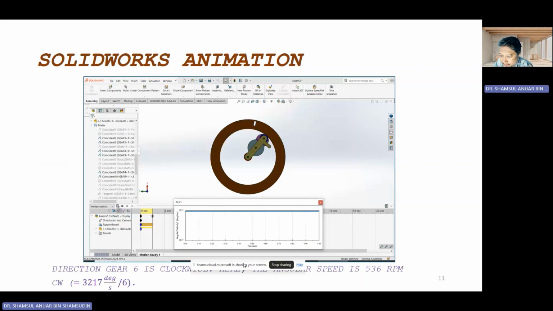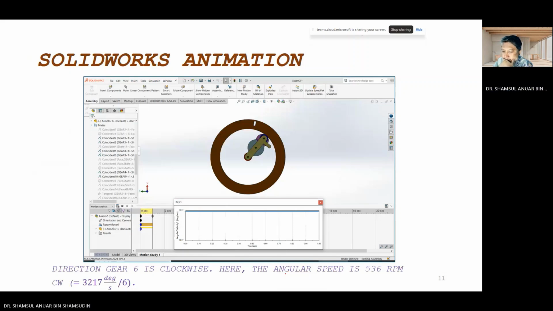Here's something that I tried using SolidWorks, and angular speed is this one, 536 for the arm, and then we get 32 for gear 6.